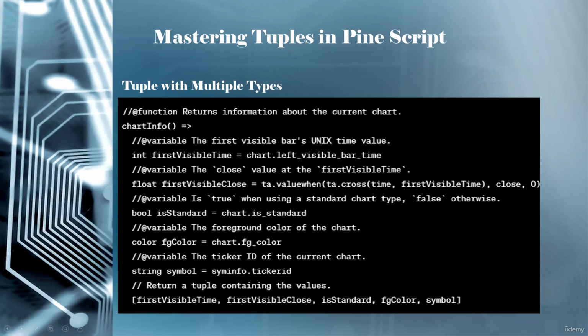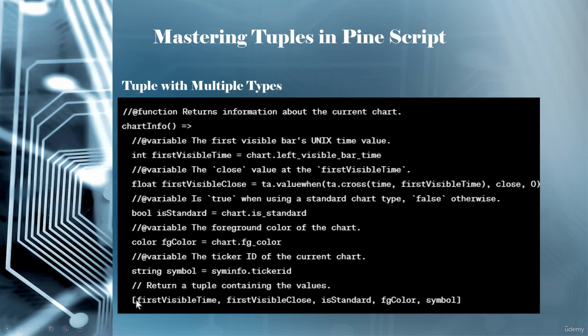Now, let's study tuple with multiple types. Tuples can contain values of different types. Here is an example of using the chart_info function that returns tuple with values of different types. We see this function on this code example, chart_info. That function prepares various variables, does some calculations, and does some assignments to various variables.